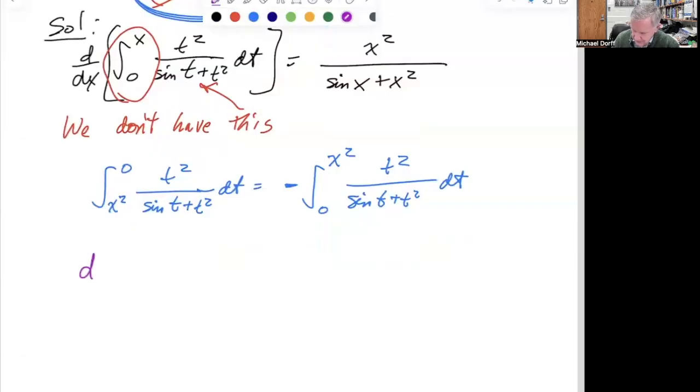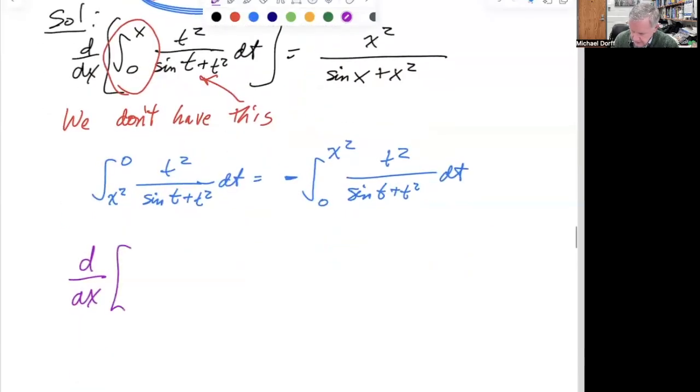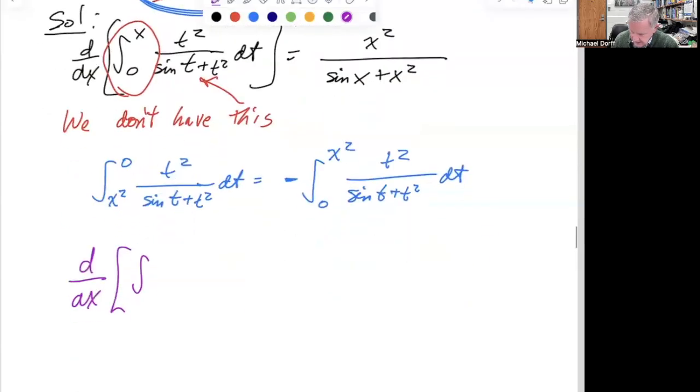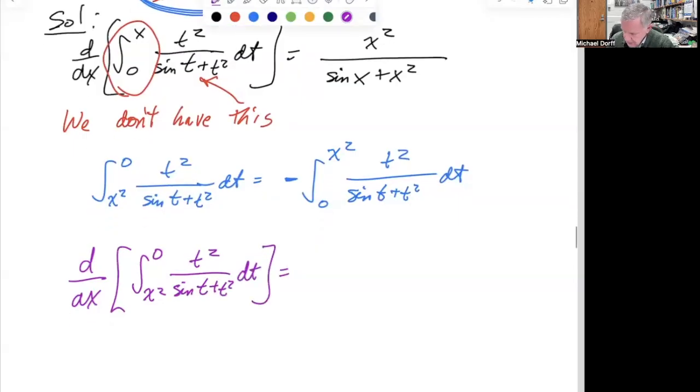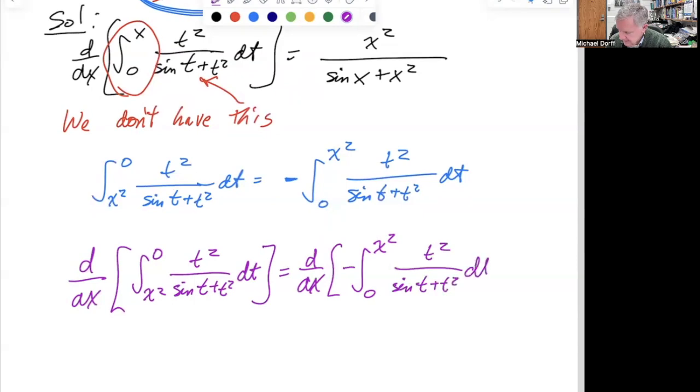So the original problem I want is the derivative of the integral from x squared to 0 of t squared over sine t plus t squared dt. And I'm going to first rewrite that as the negative integral from 0 to x squared of t squared over sine t plus t squared dt.